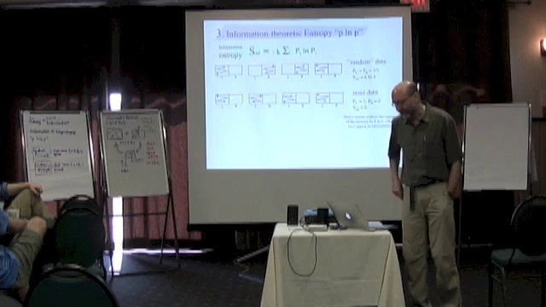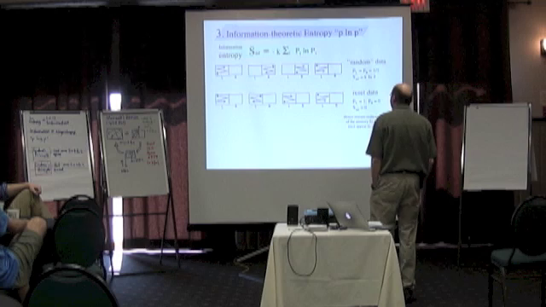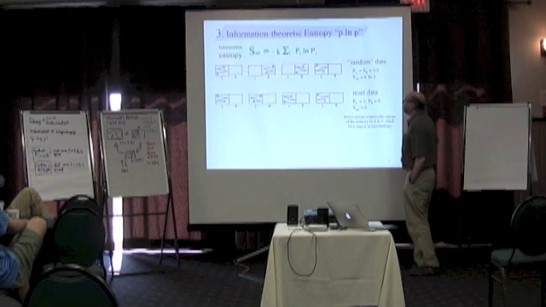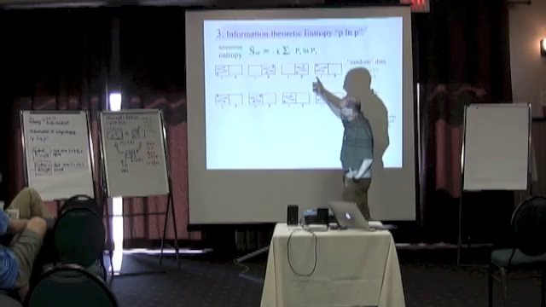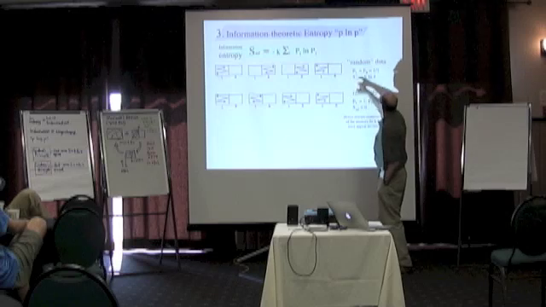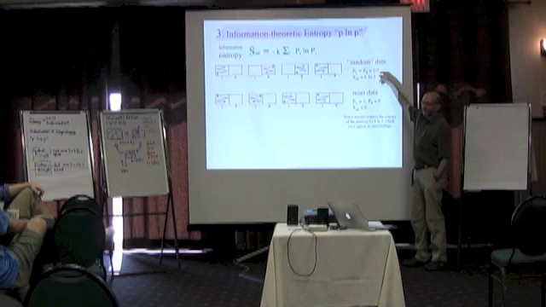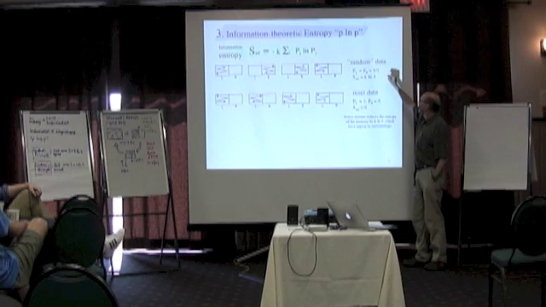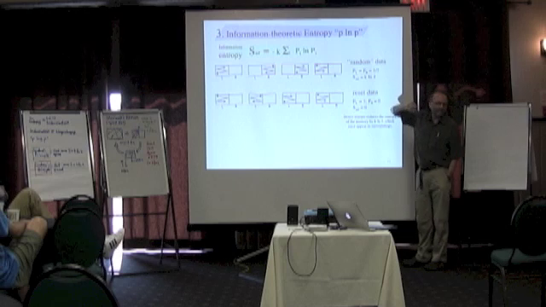All right, so now then finally we get the information theoretic entropy, the P log P case. The idea is very appealing, and that is you have random data where we now do indeed have probabilities, and the probability of being on the left or being on the right is a half. You compute with the Shannon formula, right?